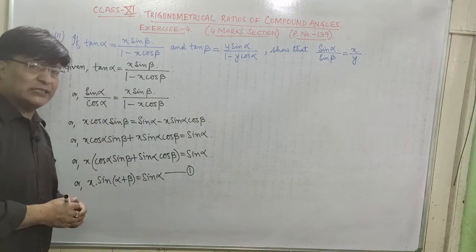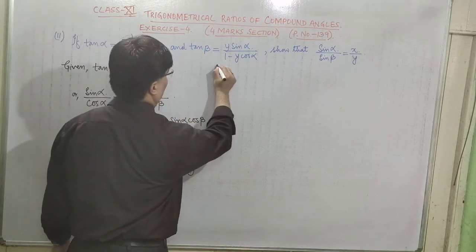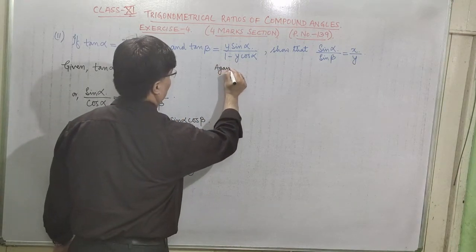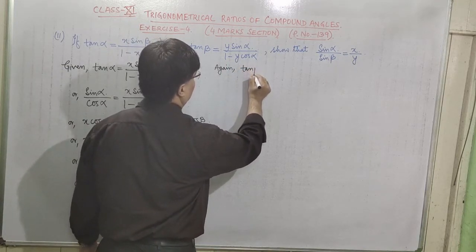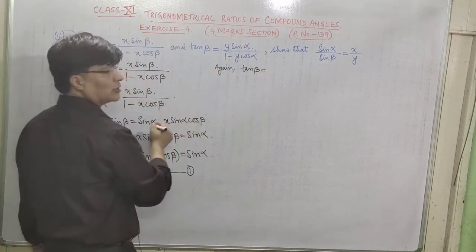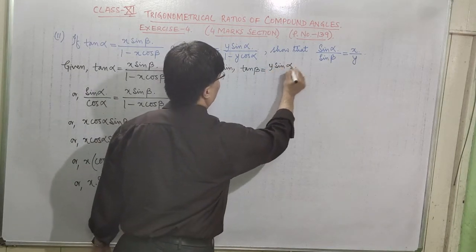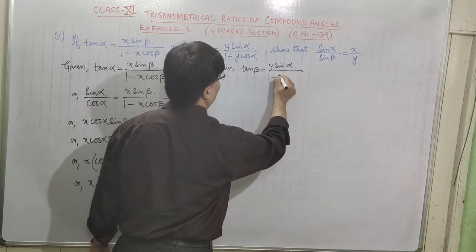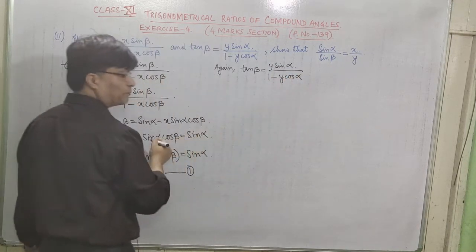Similarly, you can simplify the second given condition. So again, what is the second given condition? It is tan beta is equal to y sine alpha divided by 1 minus y cos alpha.